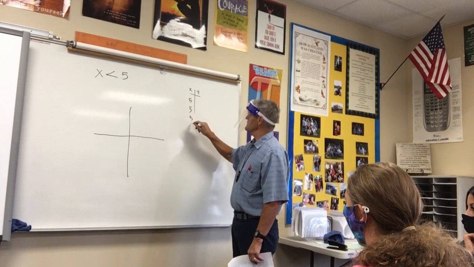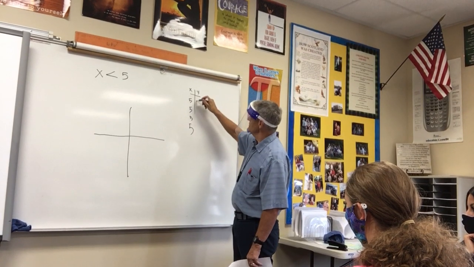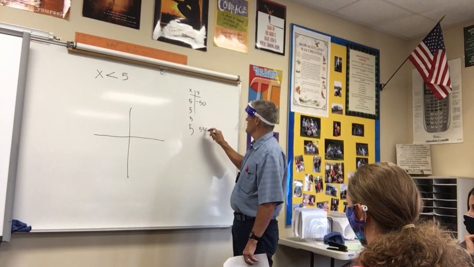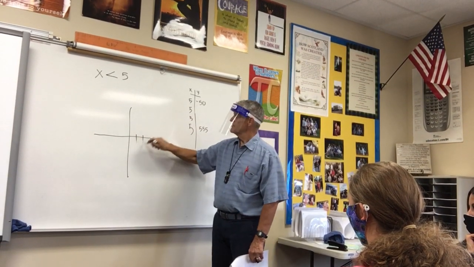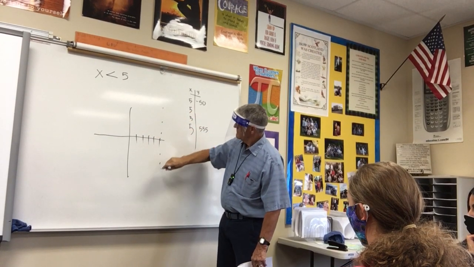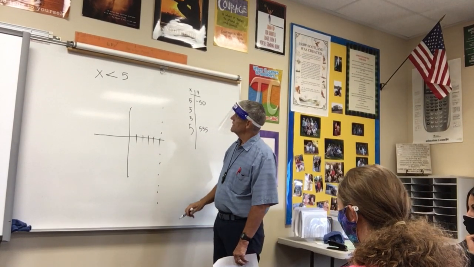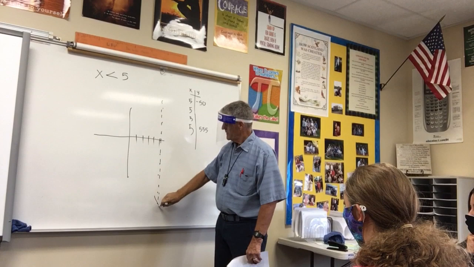Actually, x is less than 5. So to put this line, no matter whether this is -50 or +550, x is always going to be 5. So, 1, 2, 3, 4, 5. x is always 5. Okay, dotted lines. Arrows.